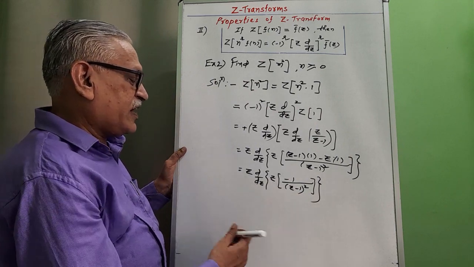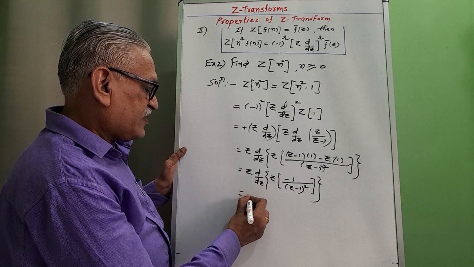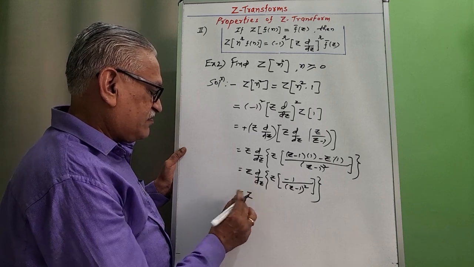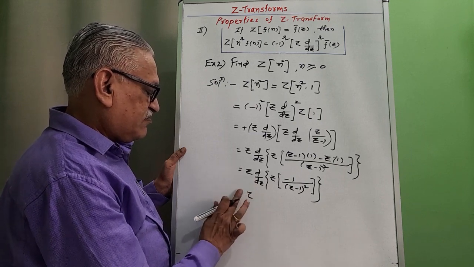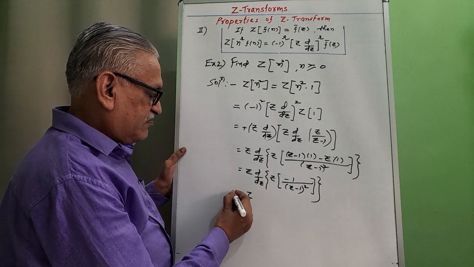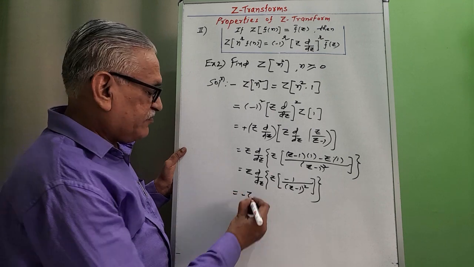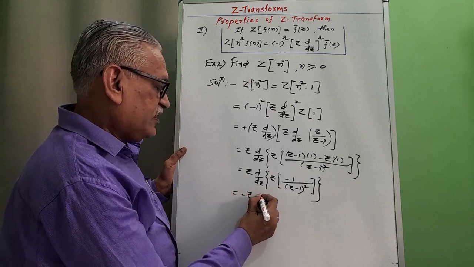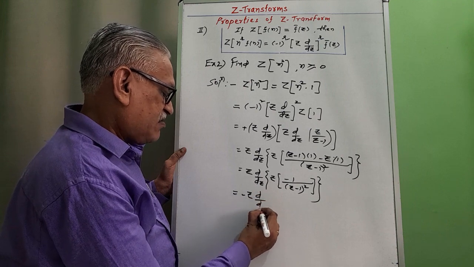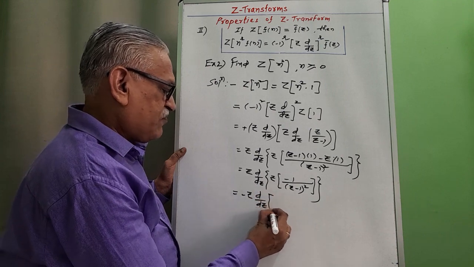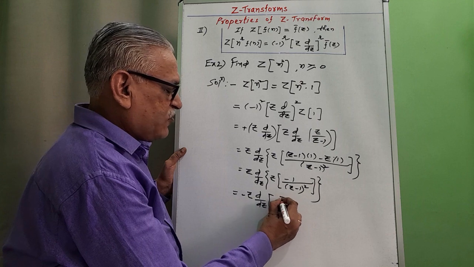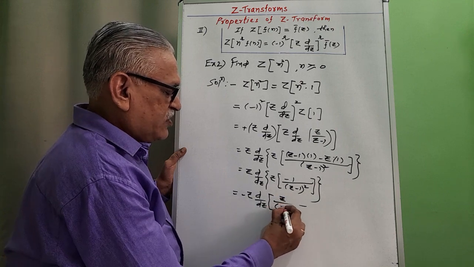This minus we can take outside. Therefore, it is minus z d by dz of the remaining term, z upon z minus 1 whole square.